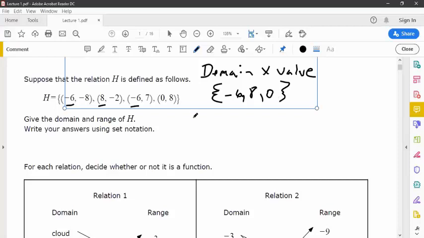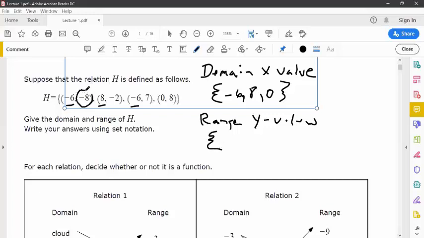Our range would be our y values. So in our ordered pairs, the second value, of course, would be our y values.